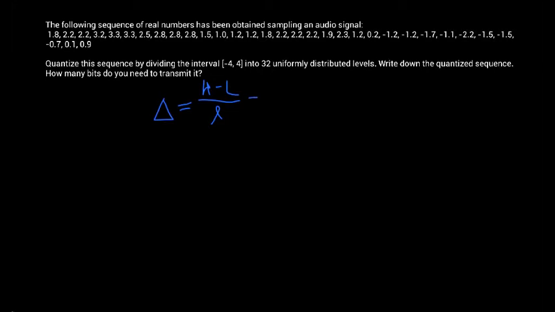So, plugging in for these values, we have 4 minus -4 all over 32. And simplifying that gives us 0.25 for our step size in each level.